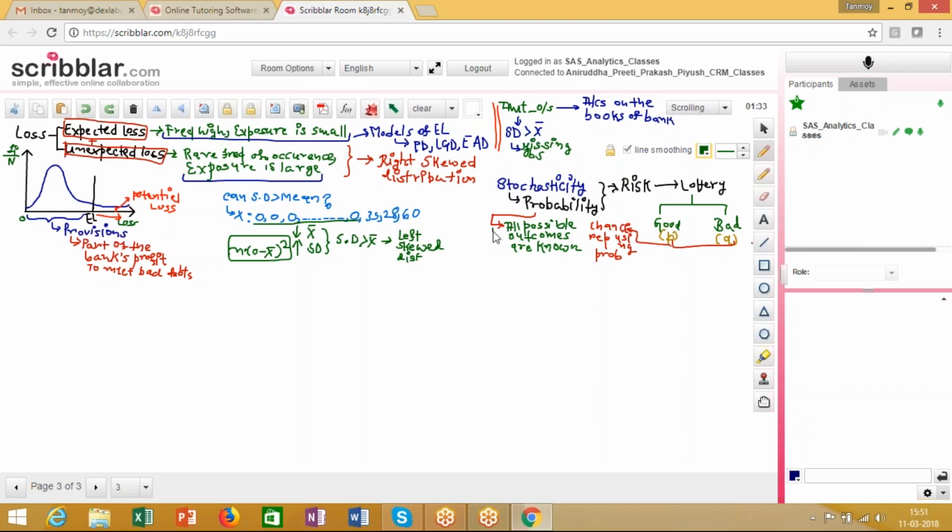The second thing that happens over here is that which outcome will occur as a result of a particular action is not known.